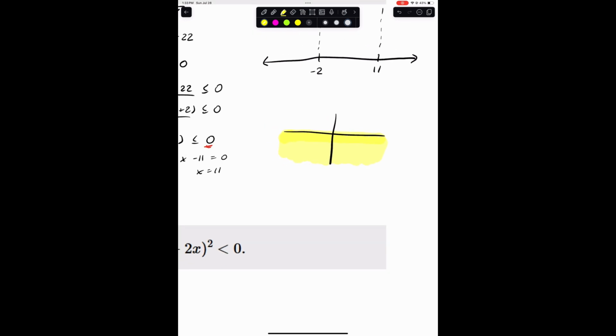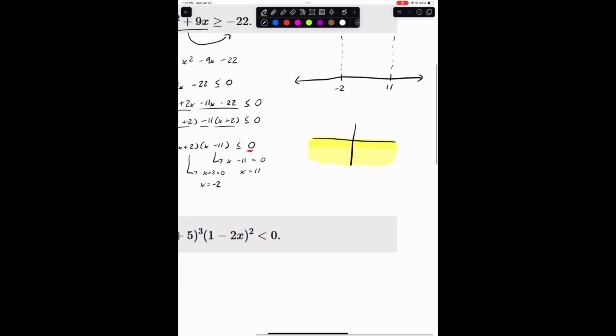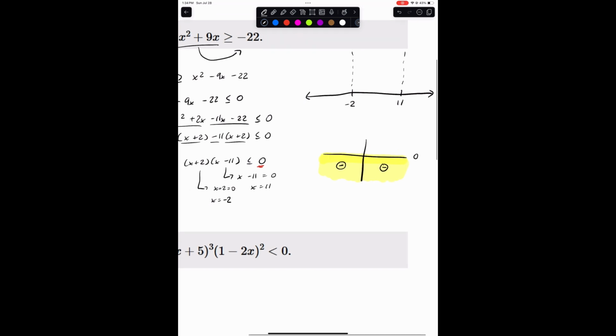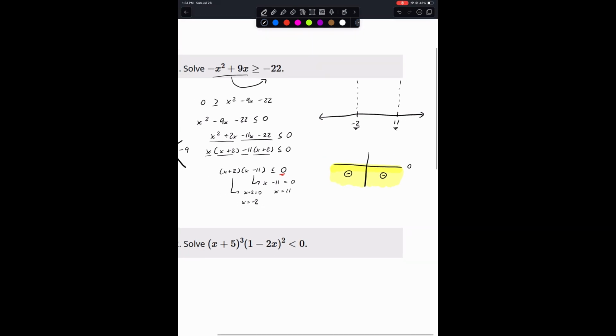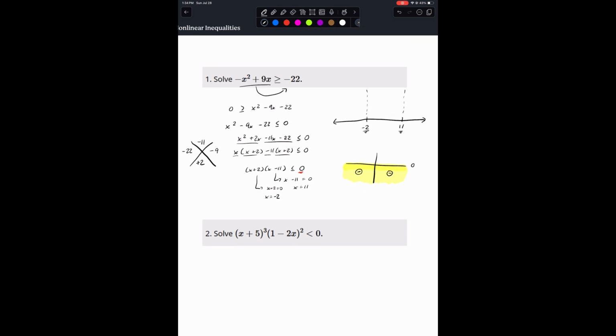So we're looking for negative regions and 0 regions. Our critical points will be included, but now we just need to find the negative regions. All I have to do is test a point in each region. Let's say negative 3 here, 0 here, and 12 right here.